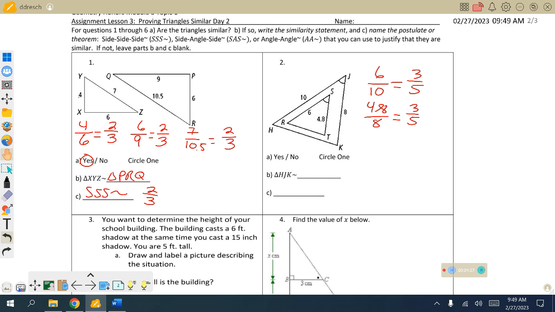Okay, we're good. Yes, it is. Side angle side's working. Triangle HJK to RST. And 3/5 is my ratio, isn't it? Okay. Those are part of that quiz tomorrow. No, Wednesday. Okay, on Wednesday.